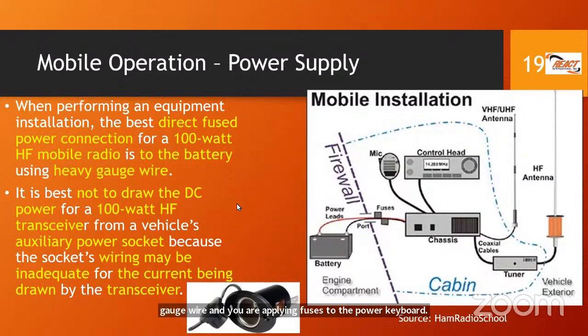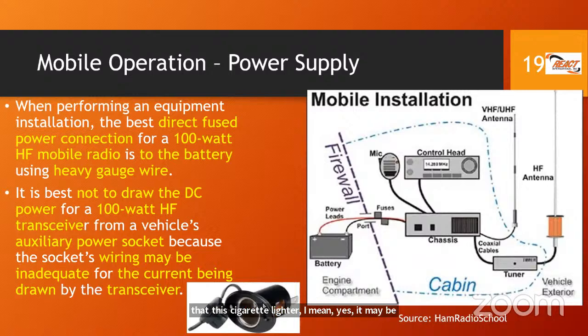And bullet point number 2 is you might be tempted to use the accessory connector in your vehicle. Sometimes they call it a cigarette lighter adapter, or we have it on your screen here. You might be tempted to somehow connect your 100 watt HF radio to this connector. That's not a good idea at all. The reason for that is that this cigarette lighter, I mean, yes, it may be sufficient to power some other pieces of equipment and even a cigarette lighter itself.